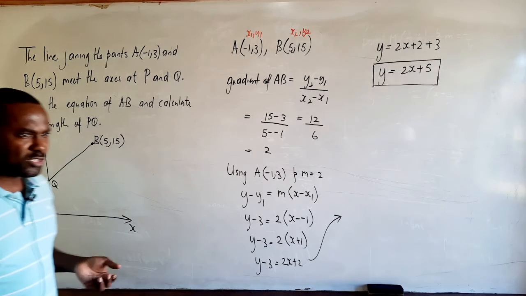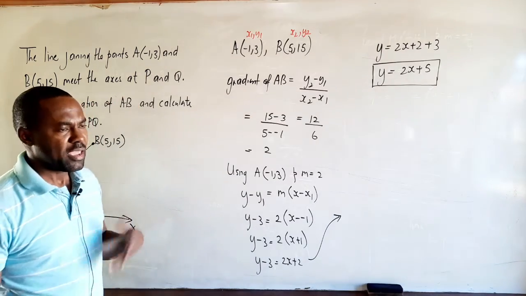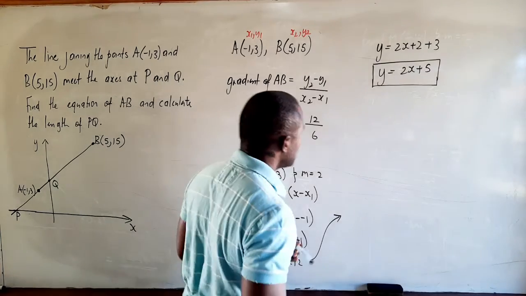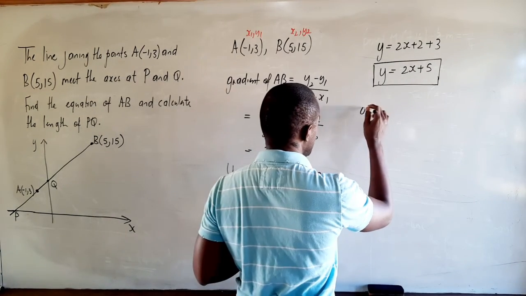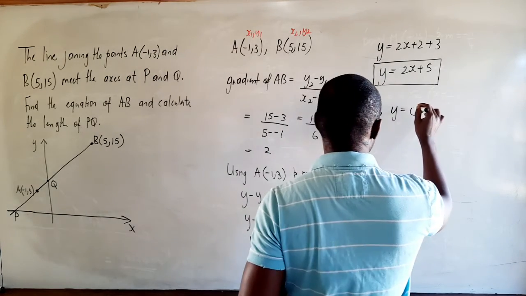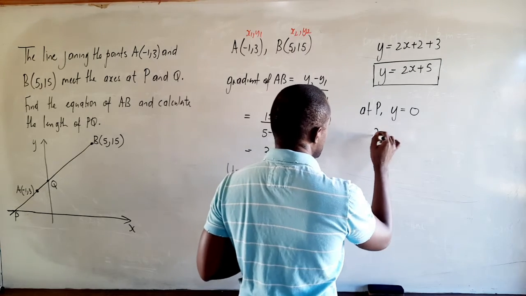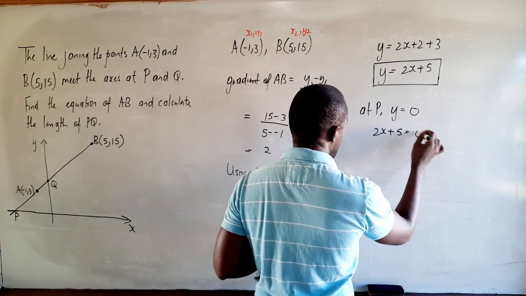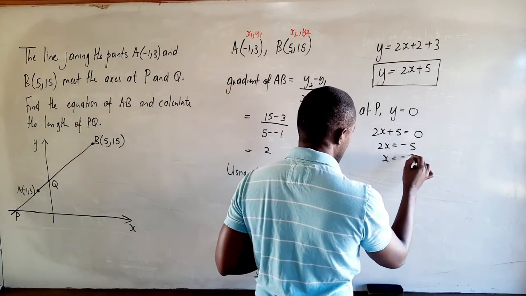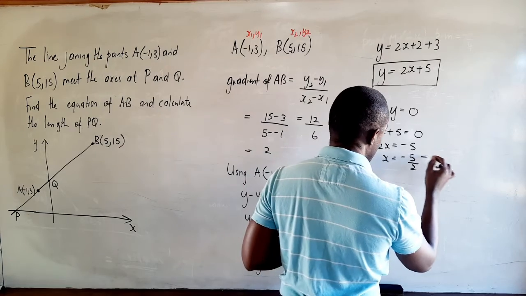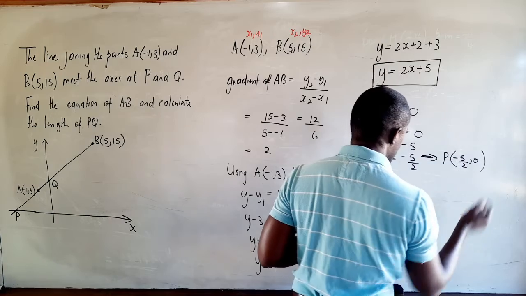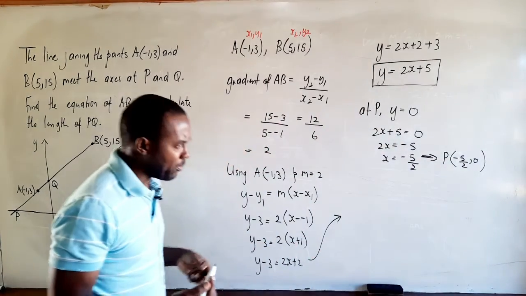We'll make those substitutions and find the corresponding values. So at P, y equals 0, and we see that 2x plus 5 equals 0, 2x equals minus 5, and therefore x equals minus 5 over 2. So P is the point (-5/2, 0).